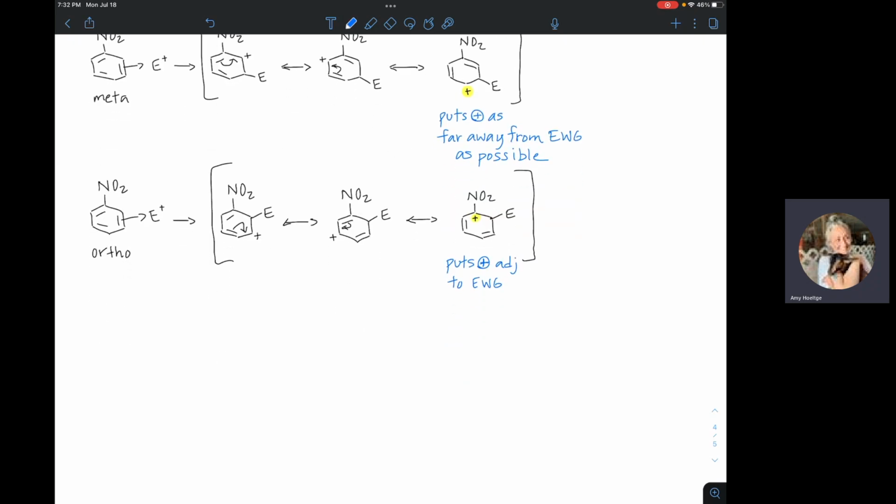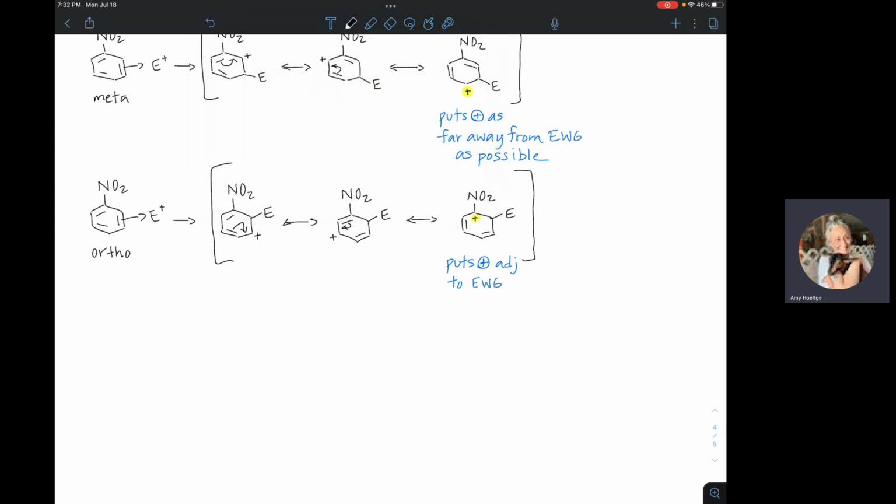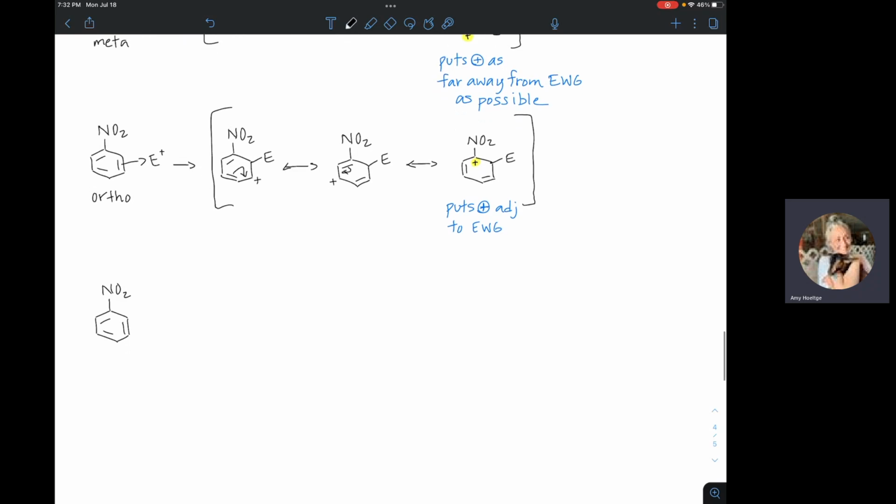That's terrible, right? Energetically speaking. There's a coulombic force of repulsion going on there. So when we draw out the resonance structures, we're like, okay, this could be one of the reasons, or it could be the best reason, who knows, why you don't really get the ortho substitution when you have an electron withdrawing group. And the last one would be if we were to attack at the para position.